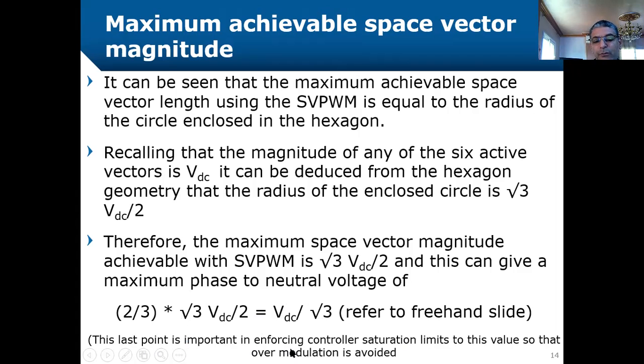And the last point is important in enforcing controller saturation limits to achieve this value, so that overmodulation is avoided. To keep the linearity of the power stage, we need to enforce this saturation limit on the V alpha, V beta controllers, which otherwise will ask the inverter to produce voltage that is beyond its capability.